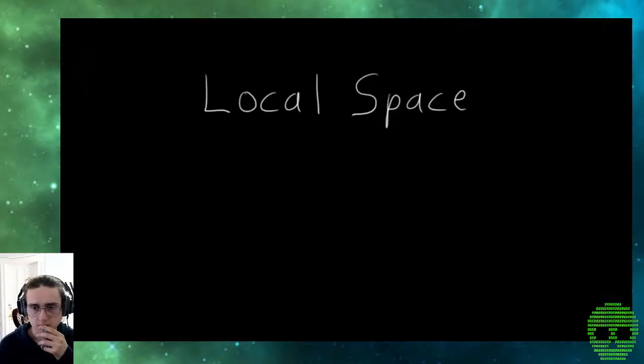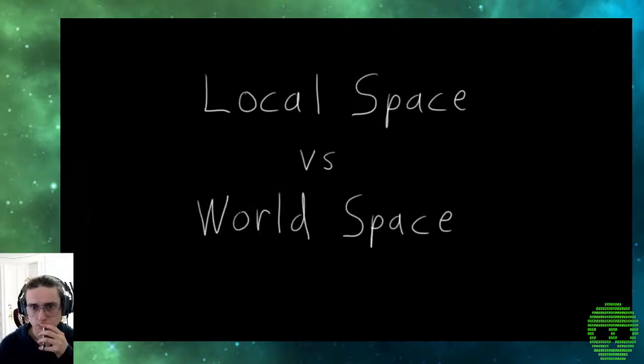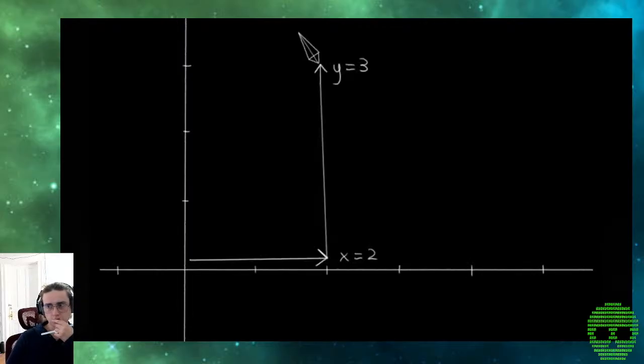You may have noticed me using that term before, and it is in contrast to something called world space, or sometimes also called global space. World space is the overall space of the scene that everything exists in. If we have a bone floating in the scene somewhere, its world space translation might be something like x equals 2 and y equals 3. It's the absolute translation coordinates of the bone in the scene.